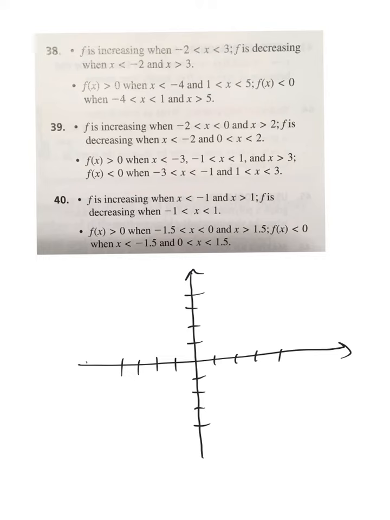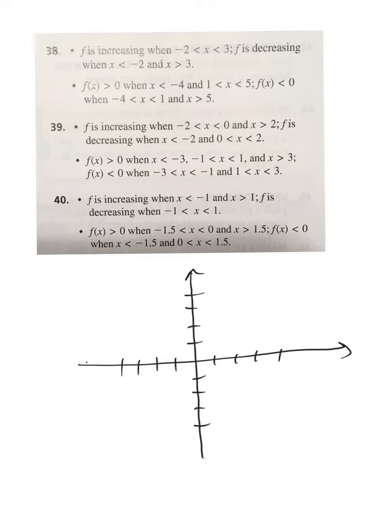Right? Because we're decreasing. Oh, I told you I'd change the colors. Sorry, let me change the color. Now I'm going to be drawing the graph. So here's negative 4. We know it must be decreasing because we're in the area of decreasing. And we'll stop right there. It's above the x-axis. Where else is it above the x-axis?